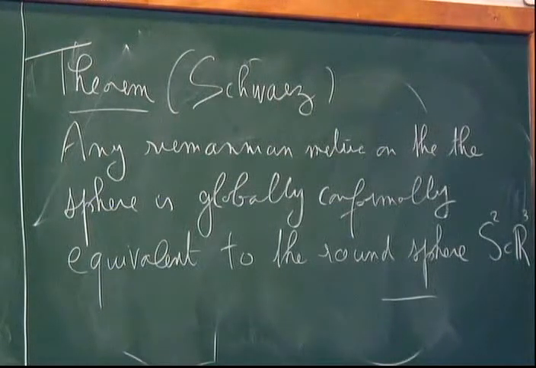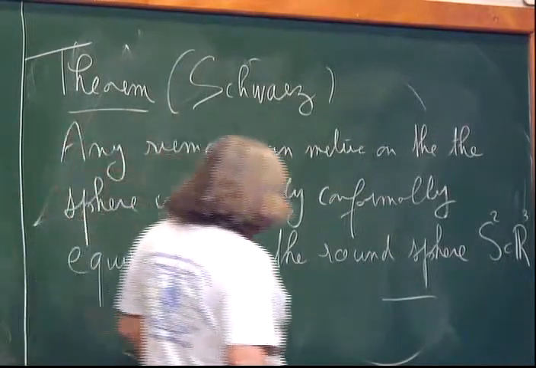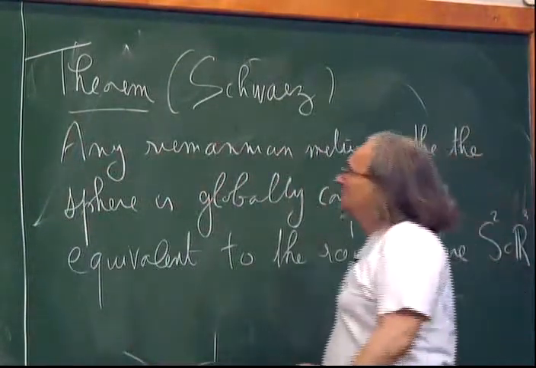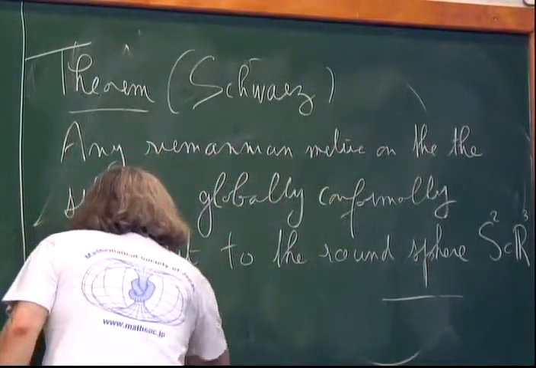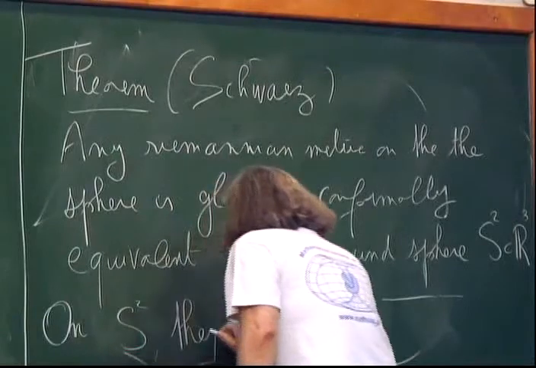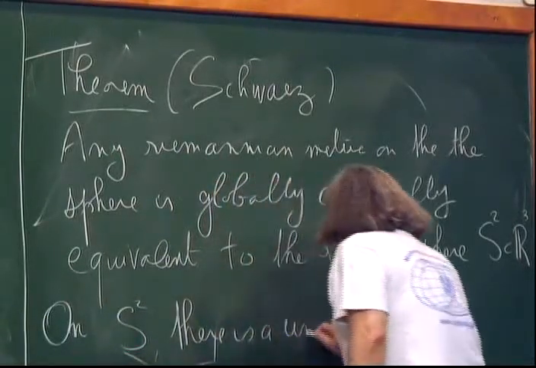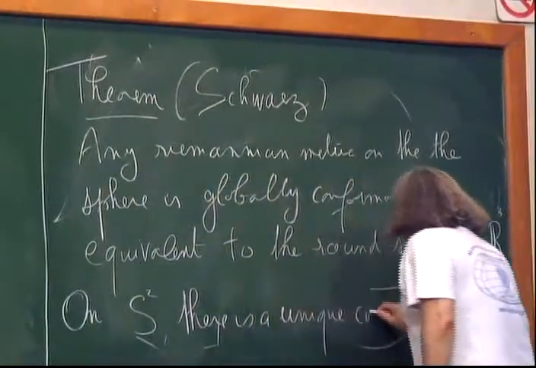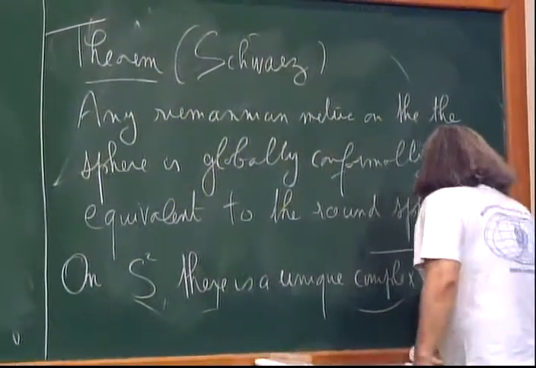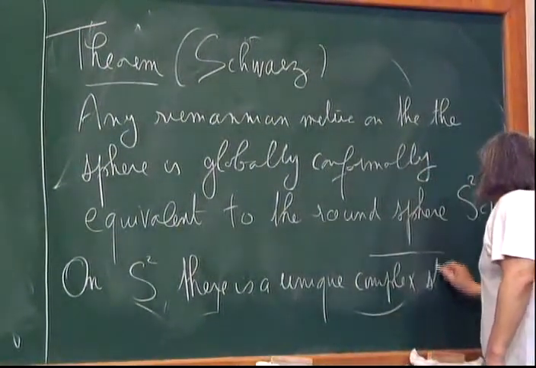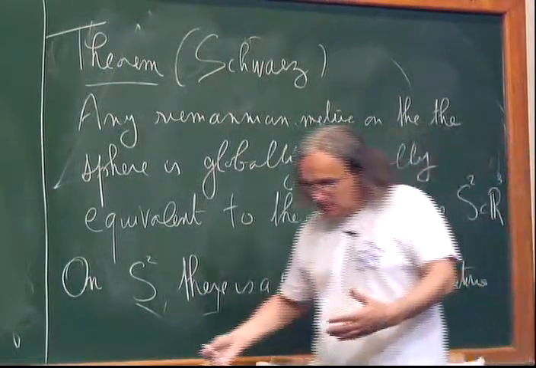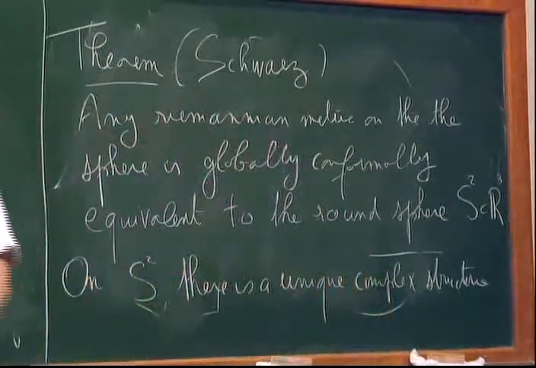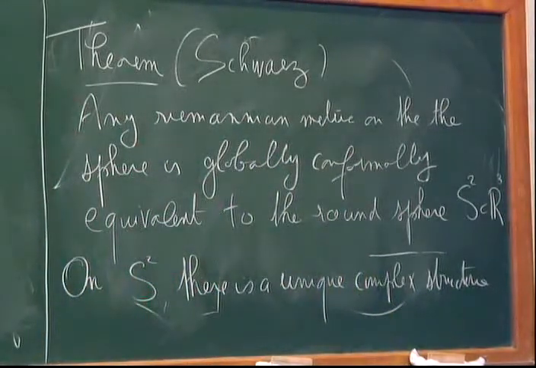If you want to express it in a more sophisticated way, you could say on the sphere S2 there is a unique complex structure up to biholomorphism. Any two complex structures on the sphere are isomorphic.